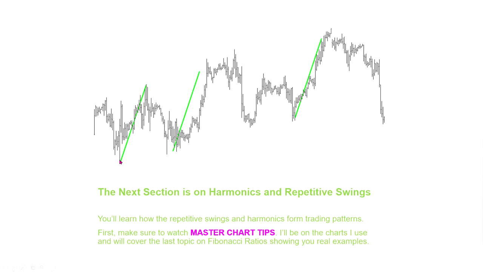These are swings that are very close to equal in length, and also in the slope and angle. So we can see here, even though this particular swing looks like it had a little bit more momentum to the upside, it's actually quite symmetrical to this swing. Just ended up extending a little bit more.